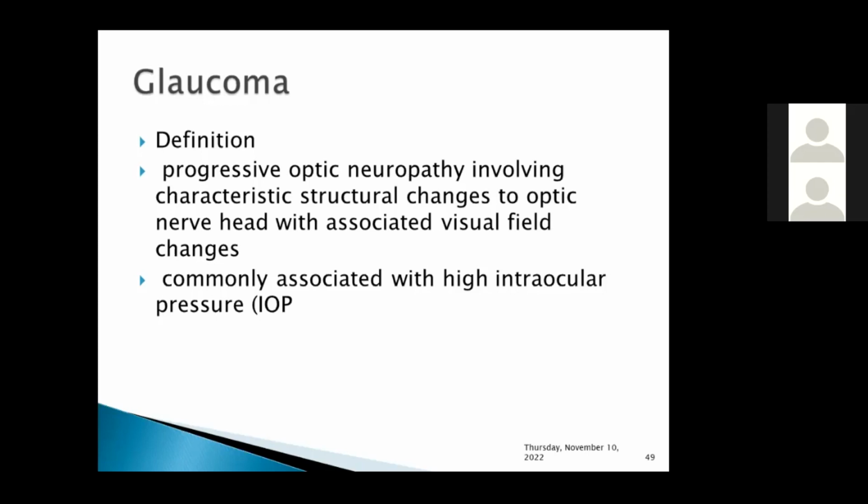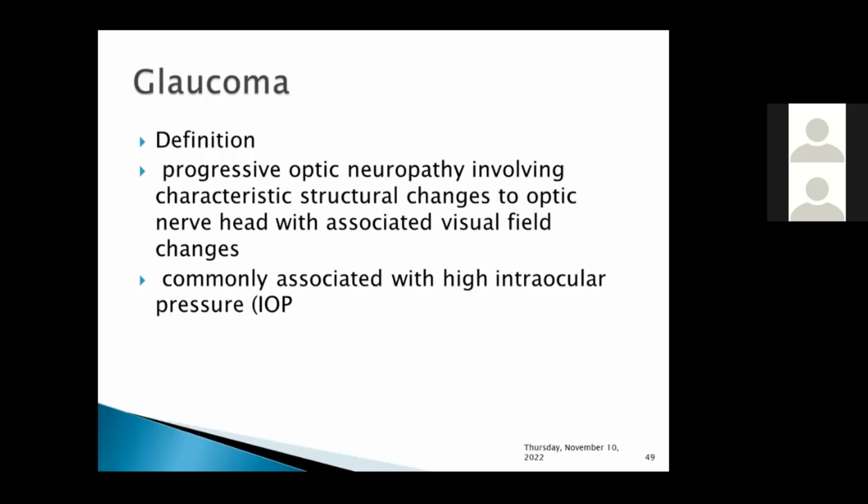Increased intraocular pressure is not glaucoma. It is the commonest risk factor for the development of glaucoma, of course. But the true definition of glaucoma, I think this was one of the questions. I was in the first batch to take ARMP, and this was one of the questions which defines glaucoma best.